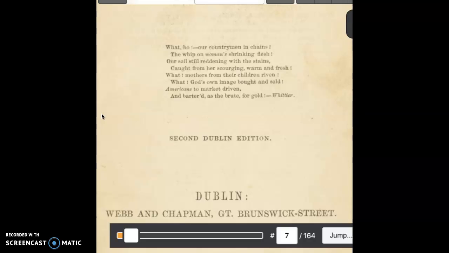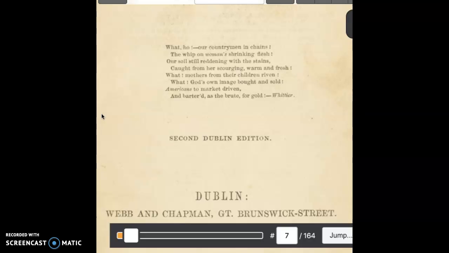One thing that would happen, this is an epigraph from John Greenleaf Whittier, who was an abolitionist 19th century American poet. And one of the things that abolitionists tried to do would be to emphasize the grim nature and experience in slavery.